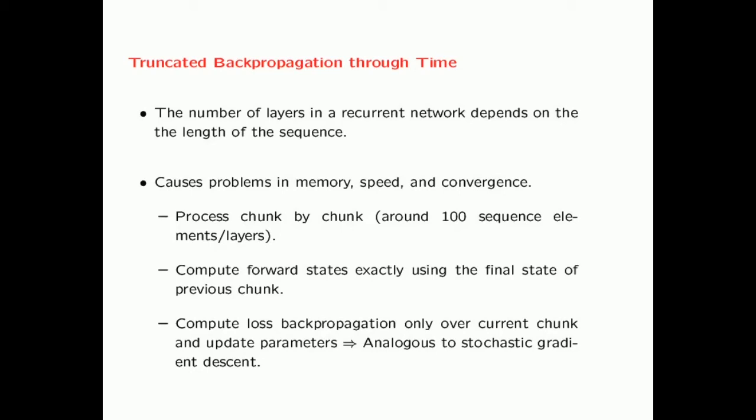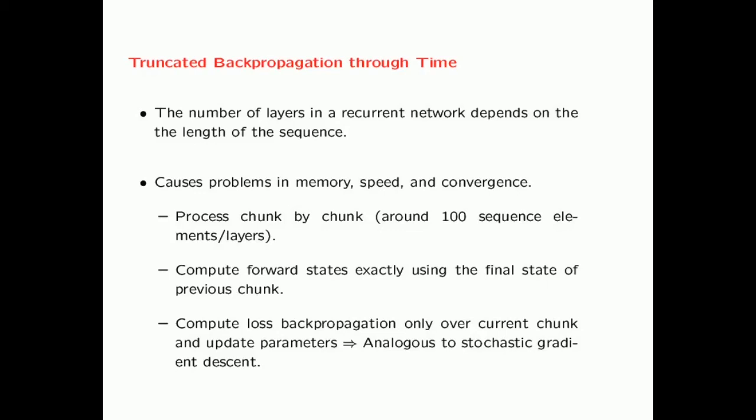So you could have thousands of elements in the sequence, and trying to do the forward and backward propagation, because it's going to create as many layers as the number of elements in that sequence, is going to cause problems in memory, speed and convergence. And the way in which you approach this is that you process the neural network chunk by chunk.